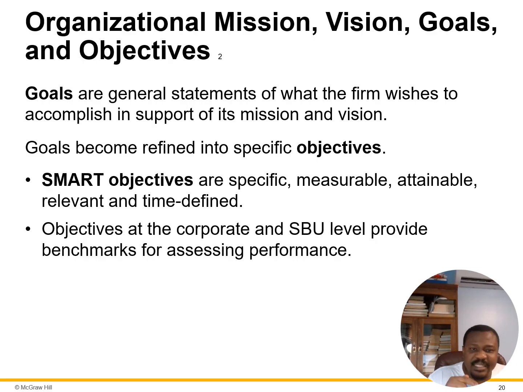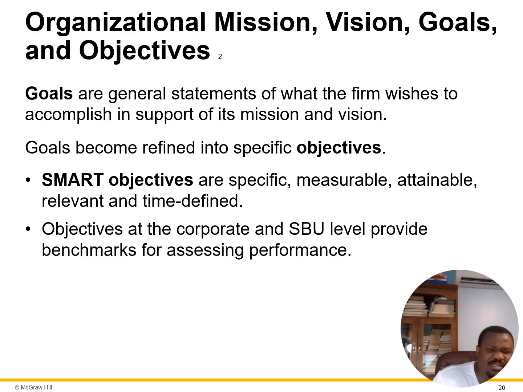Goals become refined into specific objectives. So we have the SMART objectives: specific, measurable, attainable, relevant, and time-defined.